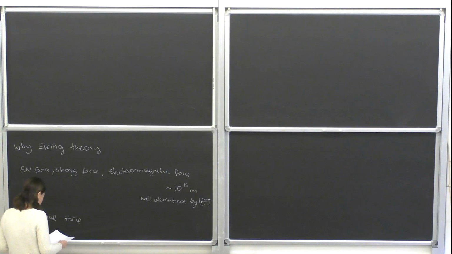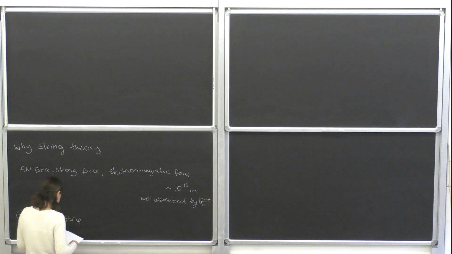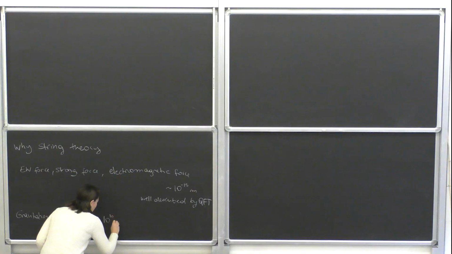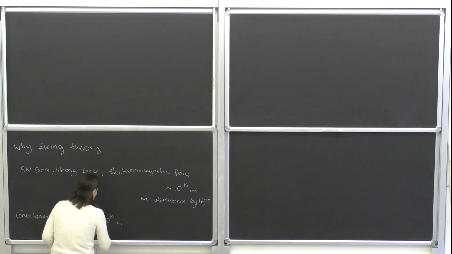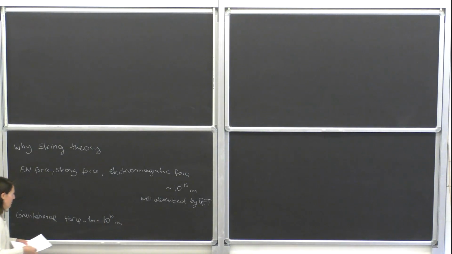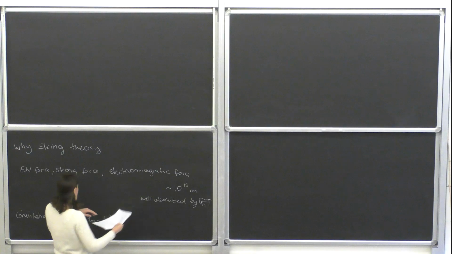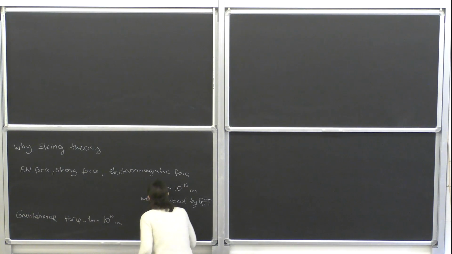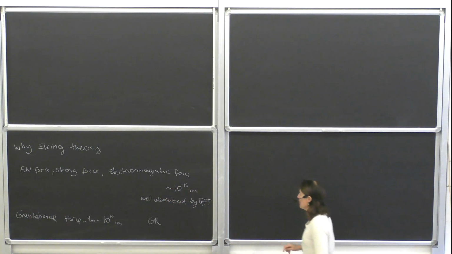So we can put some scale, 10 to the, whatever, 10 to the 12 meter, or from, let's say, 1 meter to 10 to the 10, or even larger. But you see that there are 15 orders of magnitude between this and this. And this is very well described by general relativity, which I also assume you know.